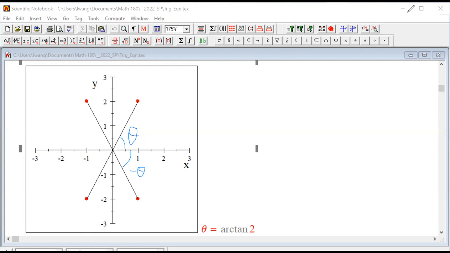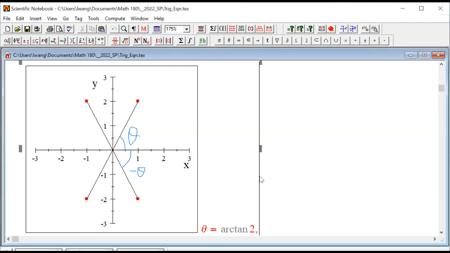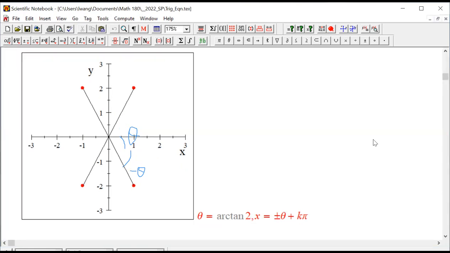So our solutions are what? Our solutions are x equals plus minus theta plus k pi. That's all of our solutions. That's it.